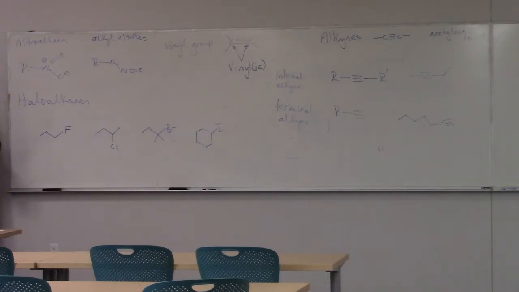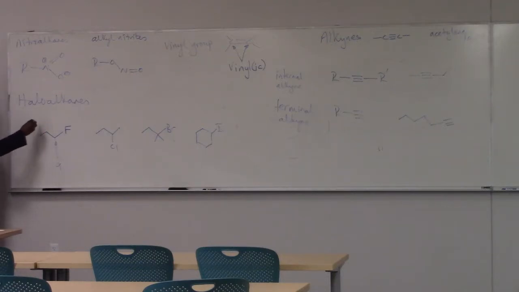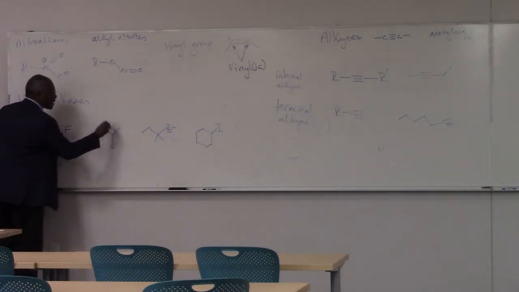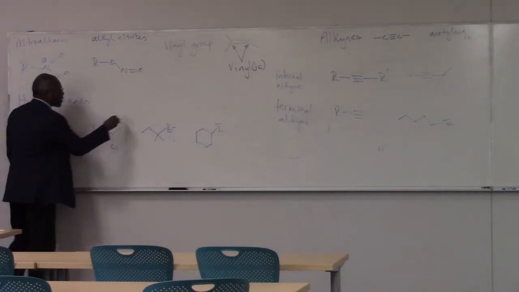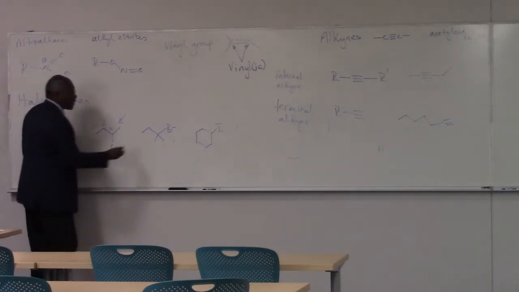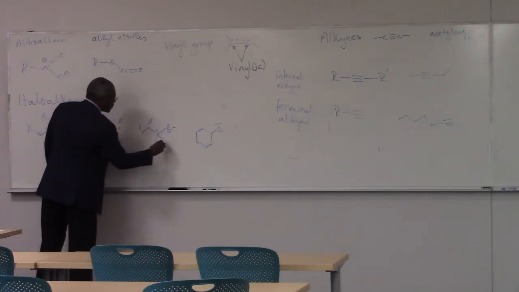The carbon attached to the halogen is referred to as the alpha carbon. Call this the alpha carbon. Carbons attached to the alpha carbon would be the beta carbon. This would be the gamma carbon. This carbon is alpha, this is beta, this is gamma. I'll call this one beta prime. I can call this beta prime, beta double prime.